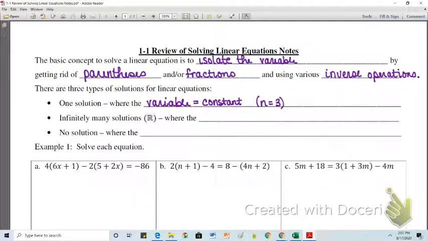Infinitely many solutions and no solution have the same type of look, so the variable will cancel out on both of them. So for infinitely many, the variable cancels out.